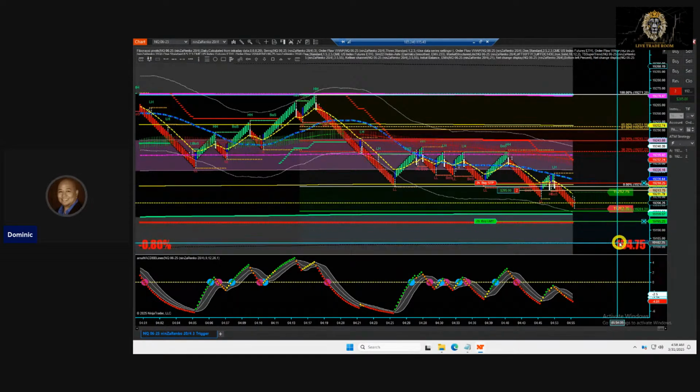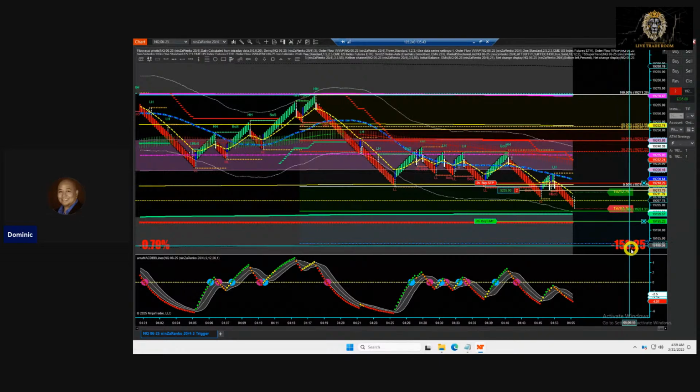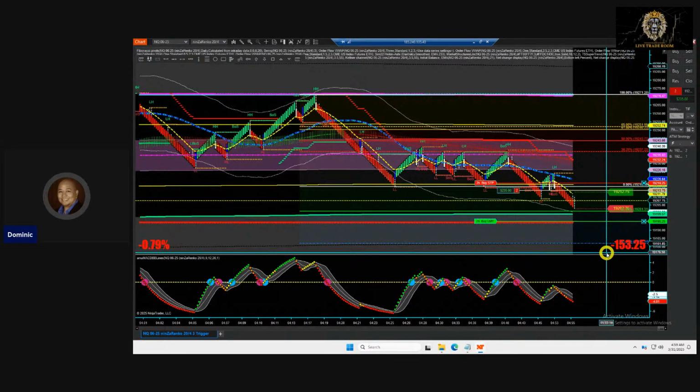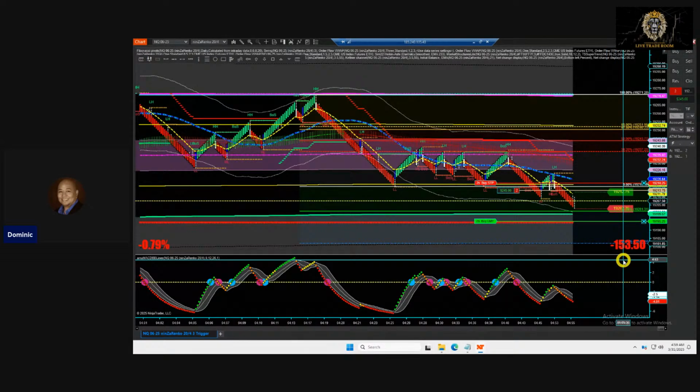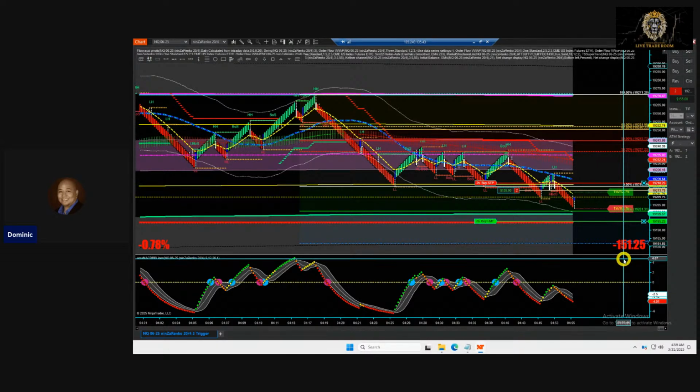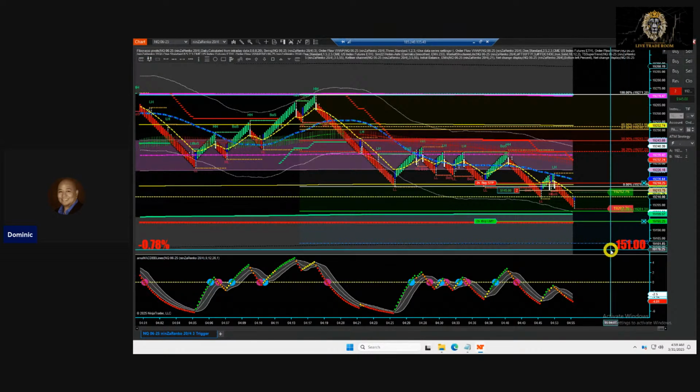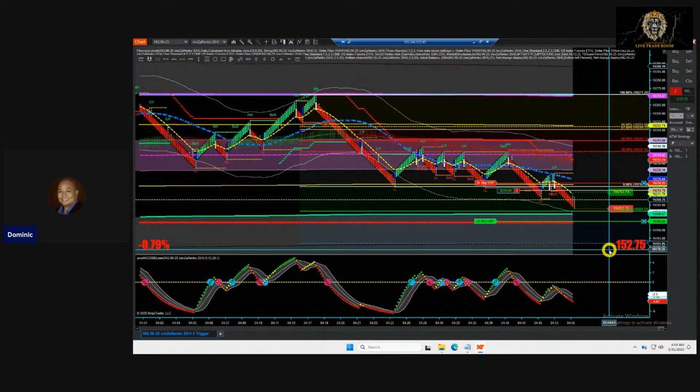Question is momentum to the upside or the downside? Hopefully to the downside. One minute.